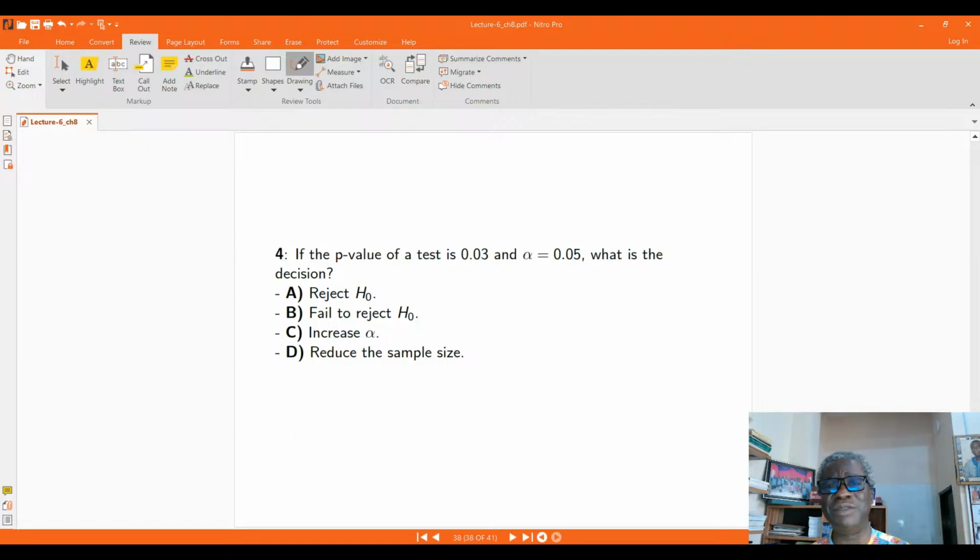You will reject H naught, that's A. Fail to reject H naught, that's B. Increase alpha, C. Reduce the sample size, D. Everybody should be able to get this.